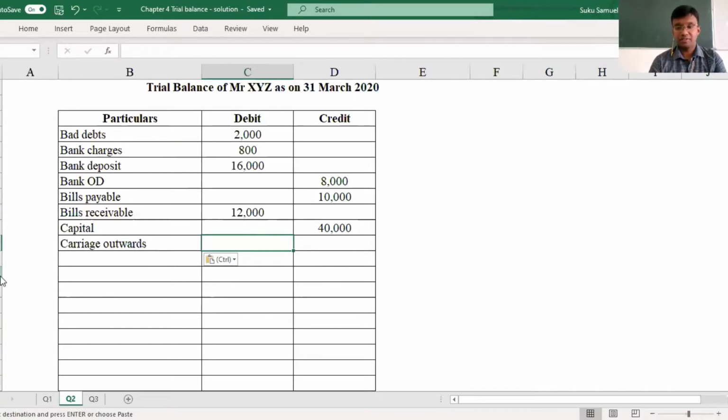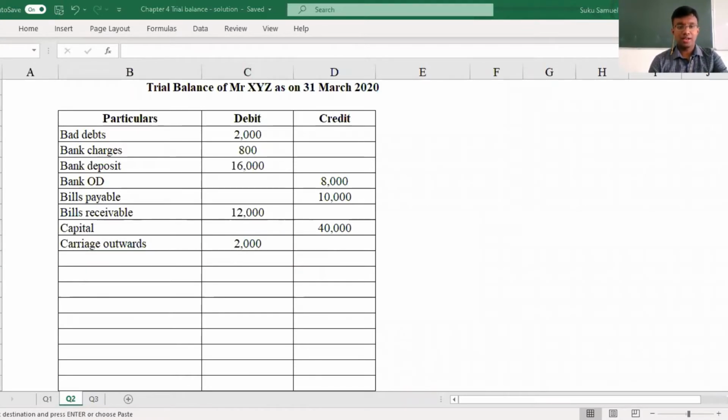So that is what is referred to as carriage outward. Carriage outward is an expense. So since it is an expense, which side will it fall? It will fall on the debit side.